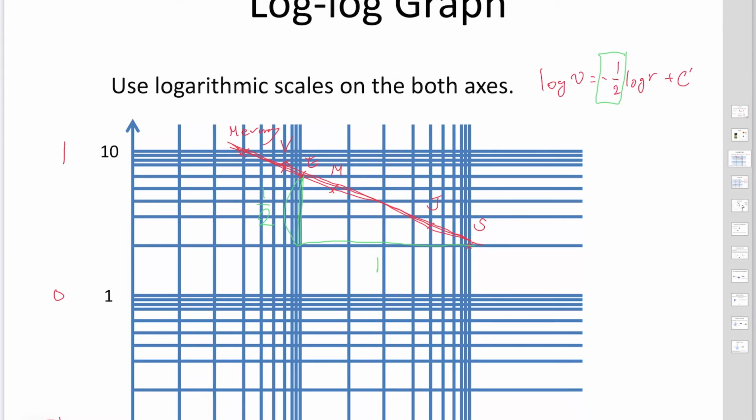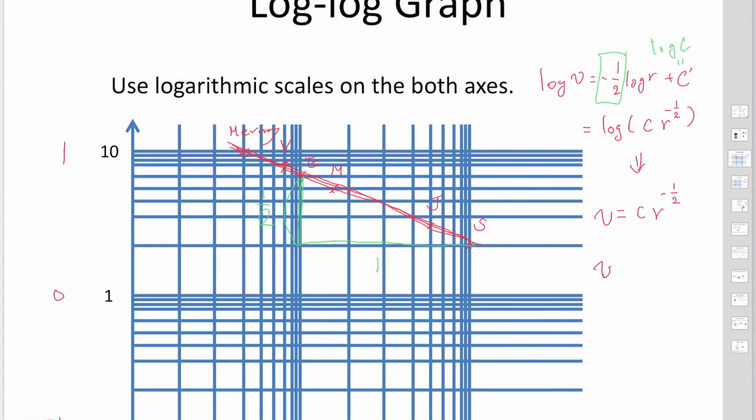Then if you choose C prime as log C, this equation is expressed as log C R to the -1/2. So from this equation, V is C R to the -1/2.